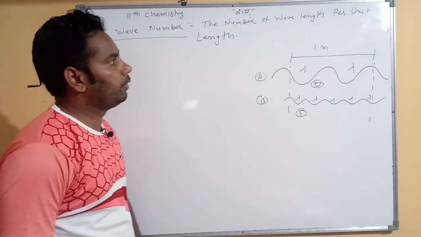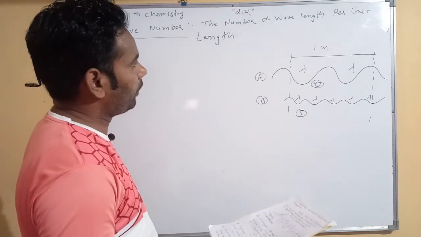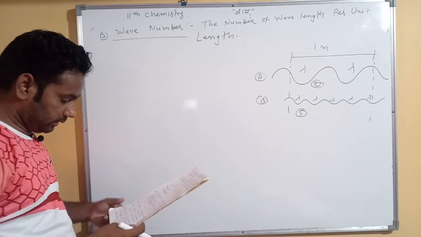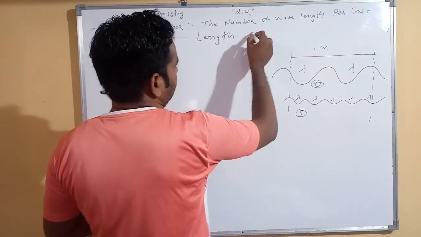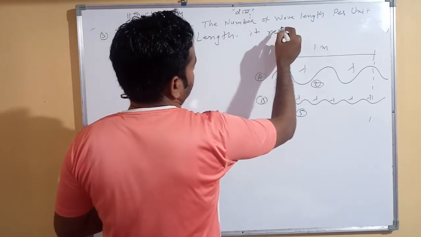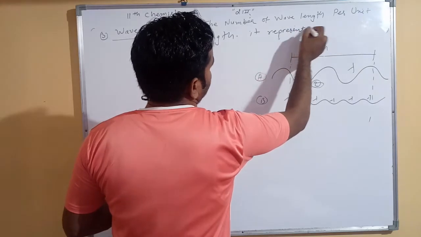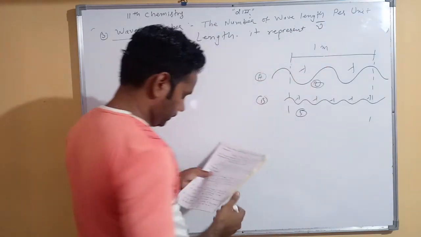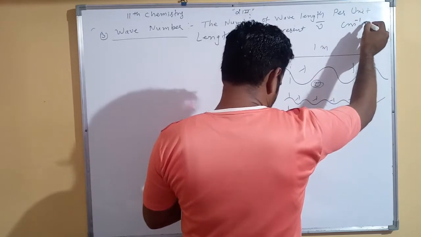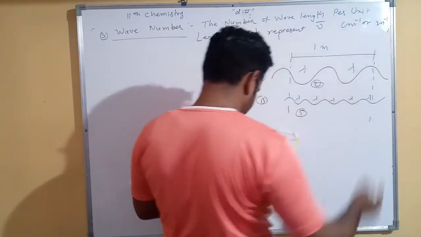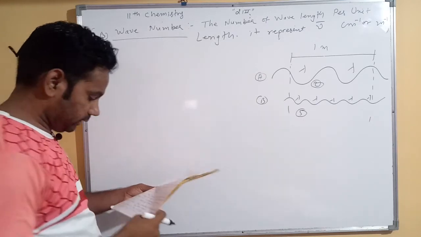The number of wavelengths per unit length. It is represented by mu bar, and its unit is centimeter inverse or meter inverse.